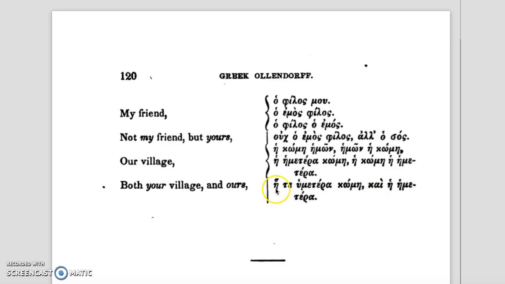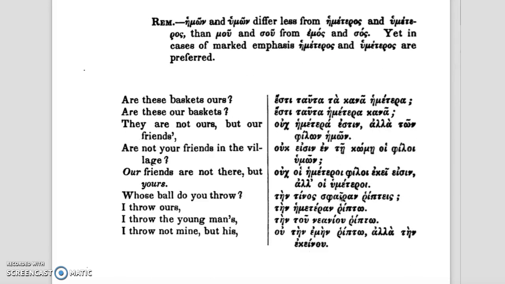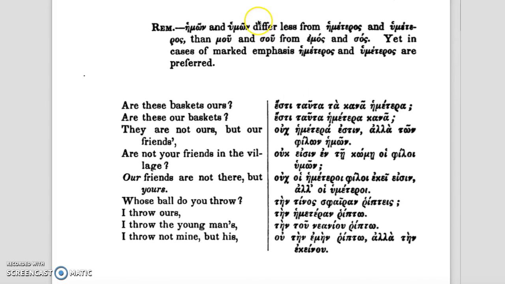So this is the your village, both your village and the our. Notice that the possessive pronoun has to match in the case. So, for example, emetera come, it's got to be nominative, and it's got to match in number, both singular, and it's got to match in gender, both feminine.